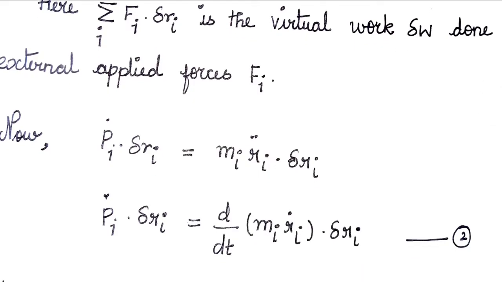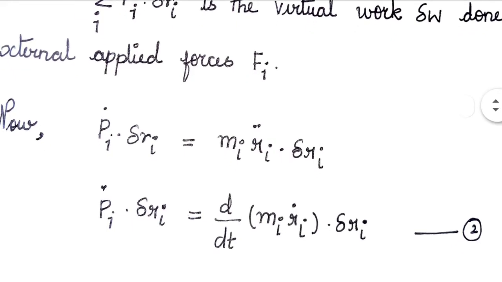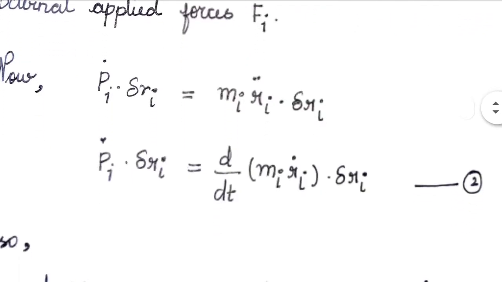Then this Ri double dot can also be written as d by dt of Ri dot. So Pi dot into delta Ri is equal to d by dt of Mi Ri dot into delta Ri.